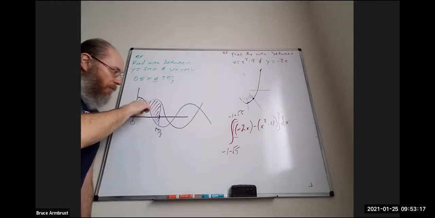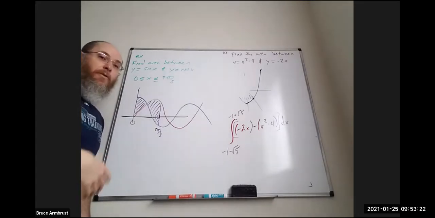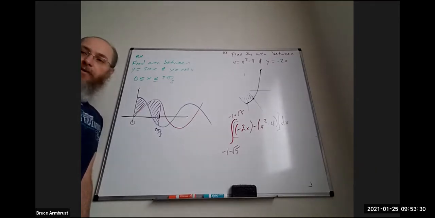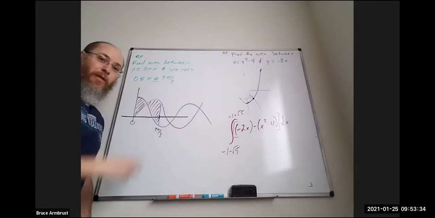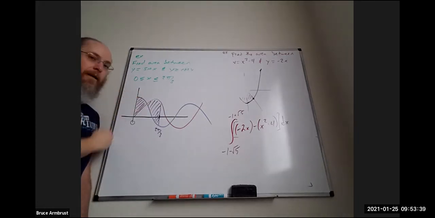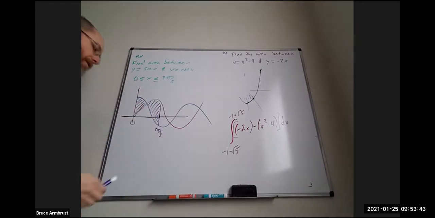Okay, so we have to calculate these. So when it comes to top minus bottom, it depends where we are. So in this case, we need to set up two integrals. We need to do one integral for when cosine's on top, and the other integral for when sine's on top. So we're going to break this into two.